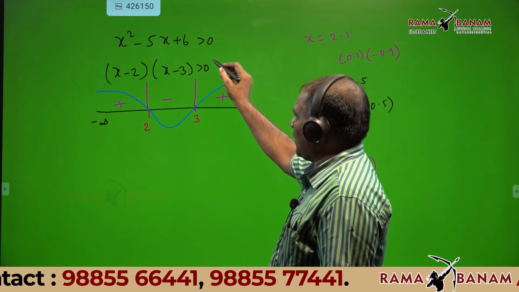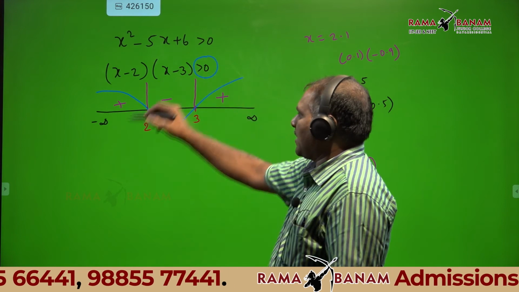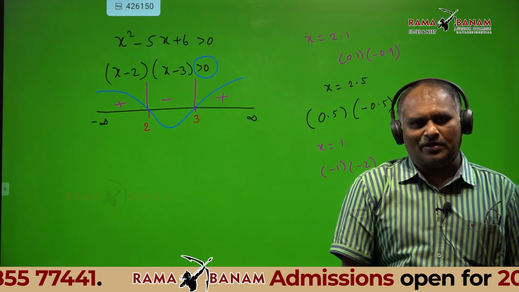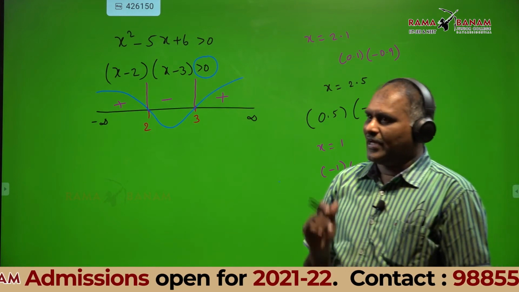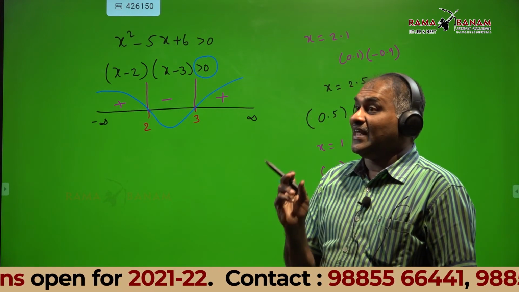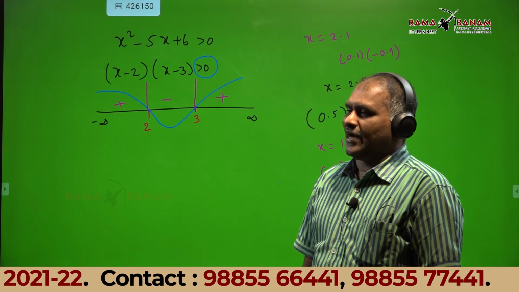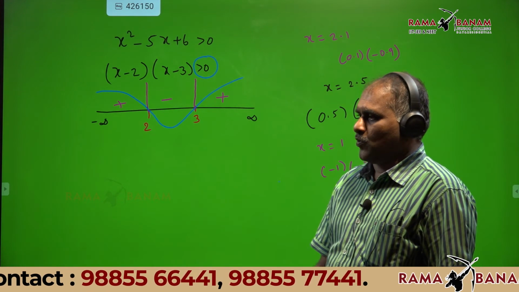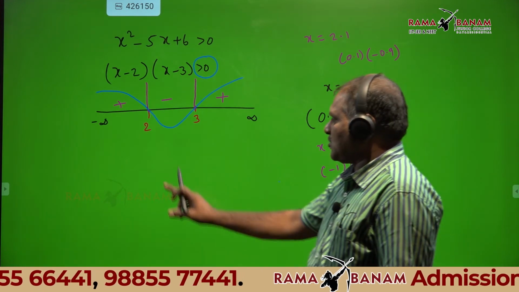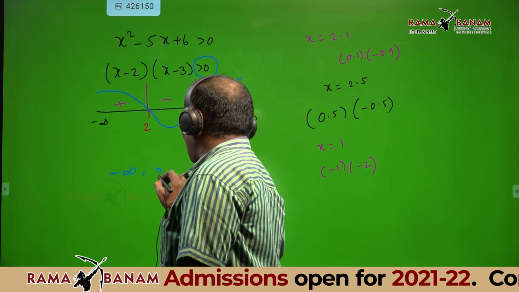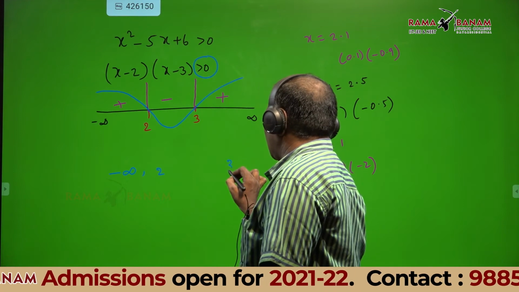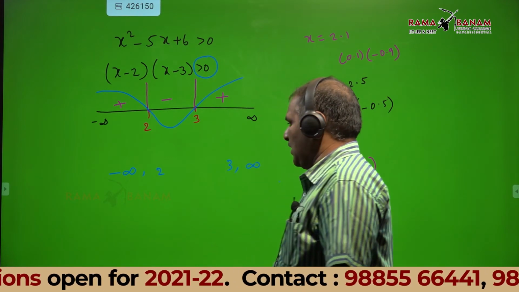But in this question, what is given, greater than or less than? Greater than. Greater than means the positive region. Where is the positive? Minus infinity to 2, and 3 to infinity.